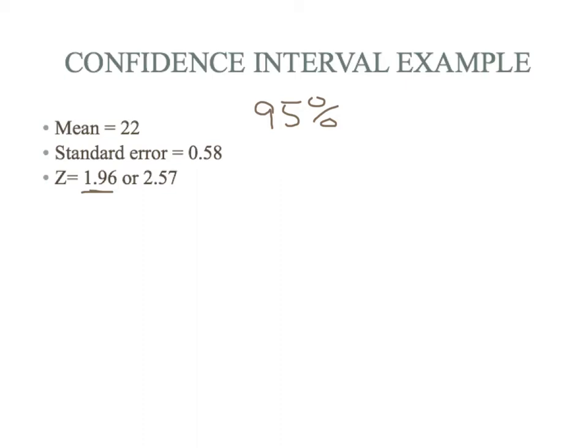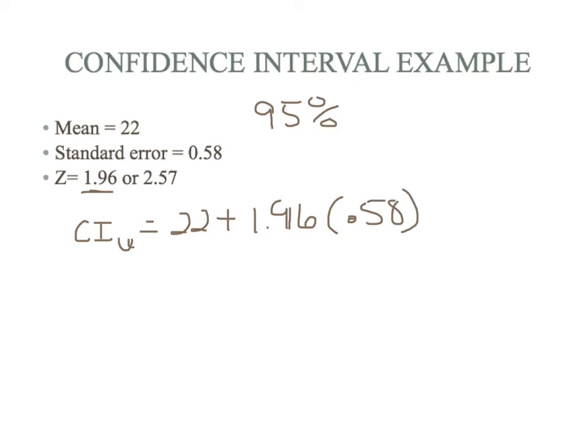So my equation is going to be the confidence interval upper, so this is the top of the range, is going to equal the mean, 22, plus z, 1.96, times the standard error of the mean, 0.58, and then we're going to go ahead and calculate that out.